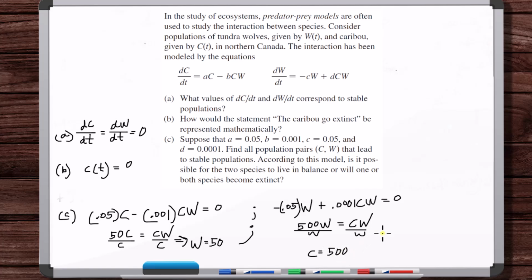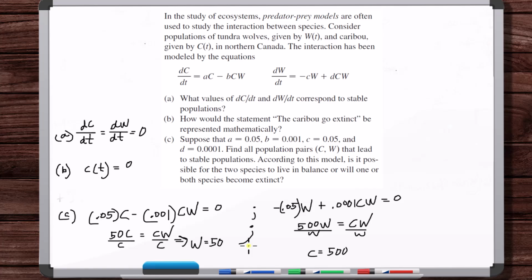If these were unbelievably accurate models and reliable over time, then the idea is if you have 50 wolves and 500 caribou, that could stay in balance to where those numbers don't change and none go extinct. Because what we just solved for was that with these parameters, if dC/dt and dW/dt are equal to 0, then W is equal to 50 and C is equal to 500.